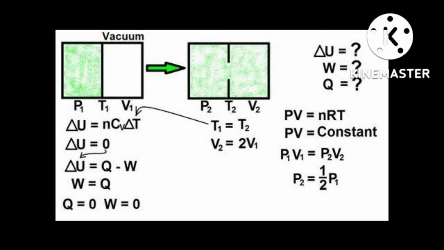Now, this delta U is equal to Q minus P into delta V is commonly used.